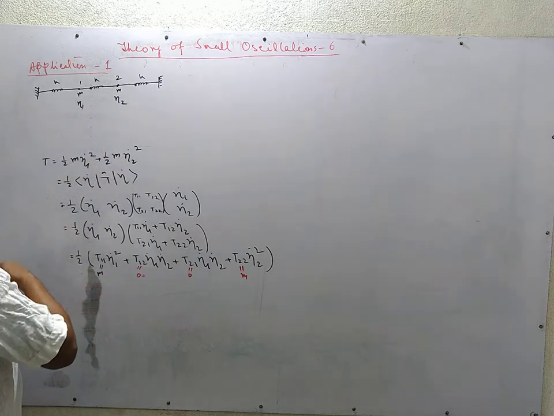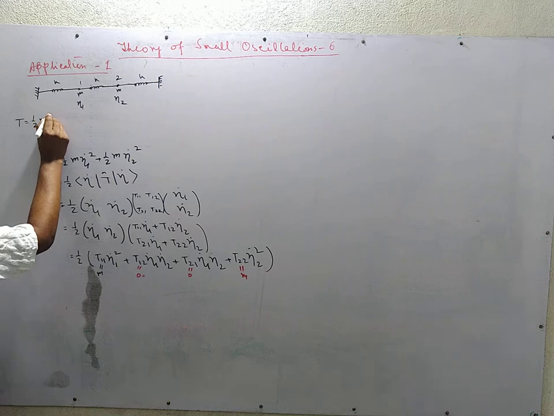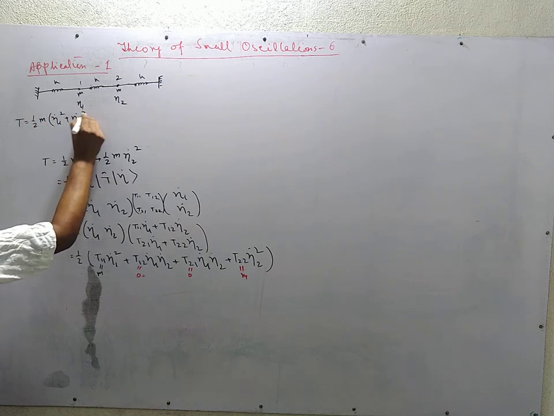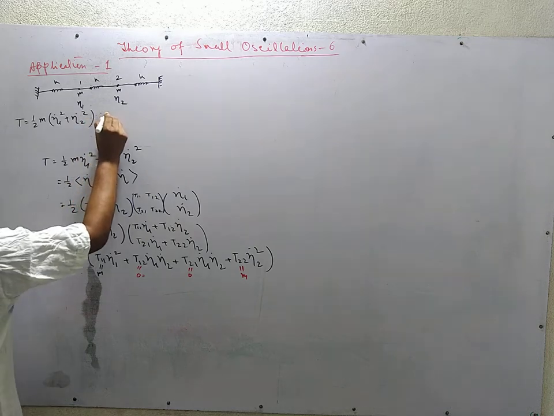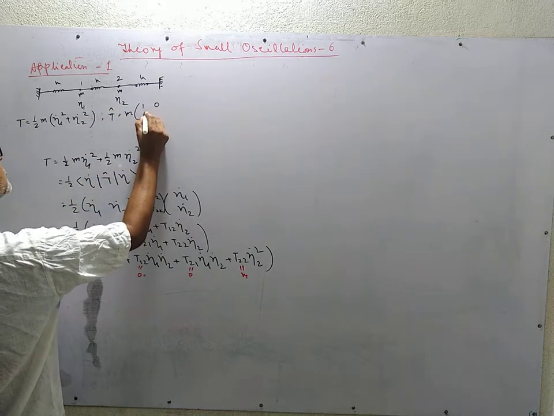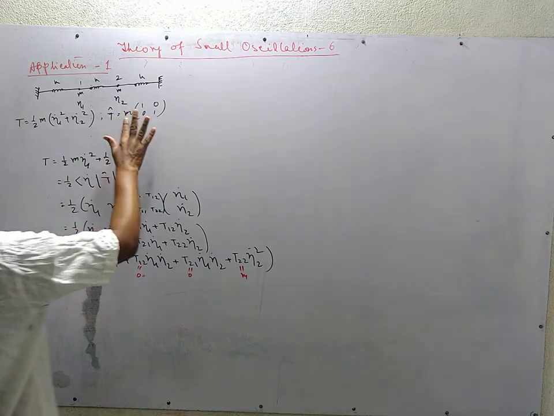The summary is that T is equal to half m eta 1 dot square plus eta 2 dot square, giving the T matrix equal to m times the matrix 1 0, 0 1. This is the T matrix.